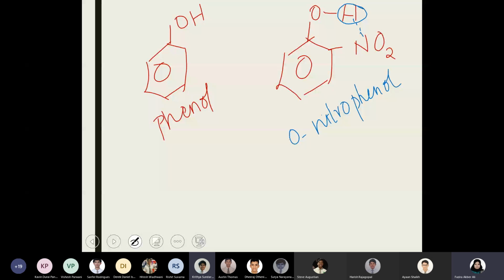Hello, ma'am. So like H2O will be intramolecular, but H2O with alcohol is intermolecular, right? Between H2O molecules, it is inter because the molecule is different: one molecule of H2O and another molecule of H2O.